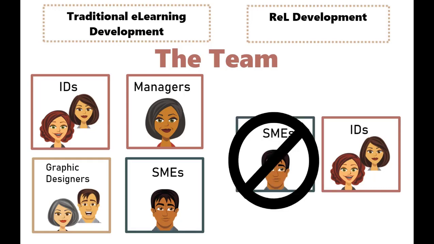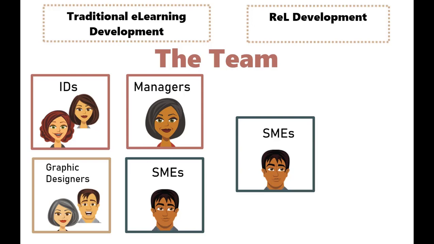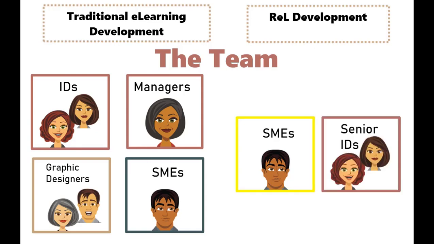Other times, when an SME is involved, they are actually the one developing the ReL, and then the ID acts as a senior instructional designer. While it might seem odd to have an SME developing the ReL, remember that the content and templates are already available, and all the SME needs to do is arrange the information in the template.